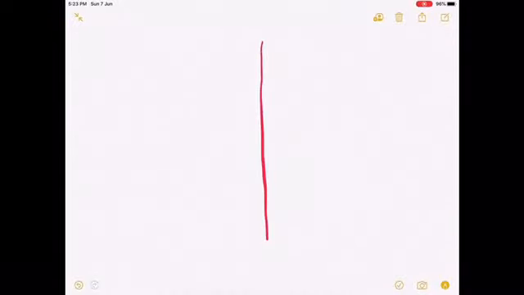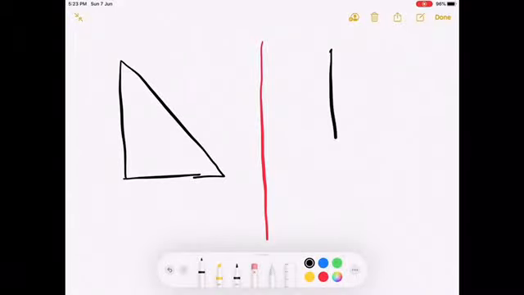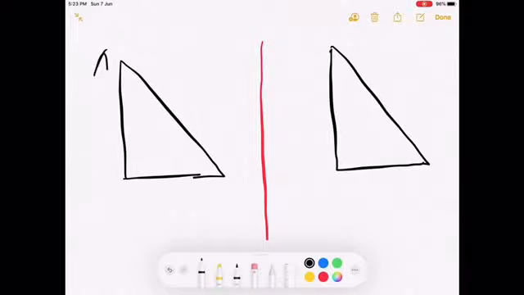Let me just clarify this once again. I'll make two triangles here. I'm taking more time explaining this because this is a very important concept. If you don't understand this, you may not understand a lot of problems. So I'm drawing two triangles side by side and then I'll try explaining again what I did earlier.